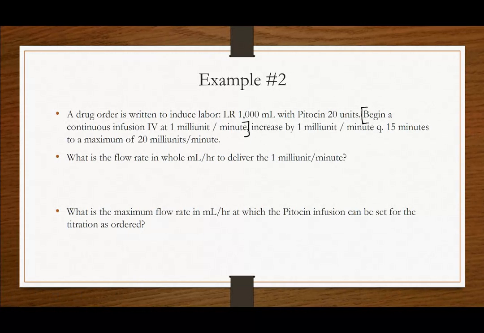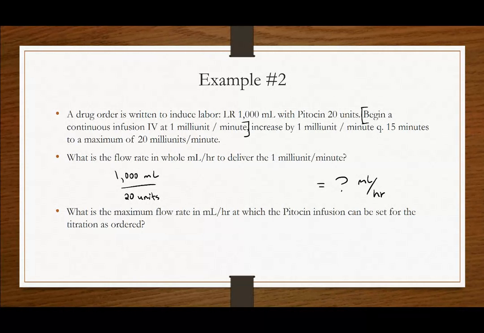is stated here. Begin a continuous infusion at 1 milliunit per minute. In this example, we start again with 1,000 milliliters for 20 units. What we'd like to end up with here is milliliters per hour, the rate.